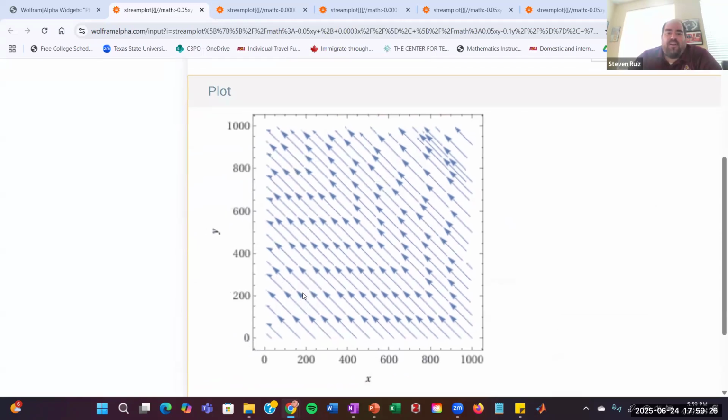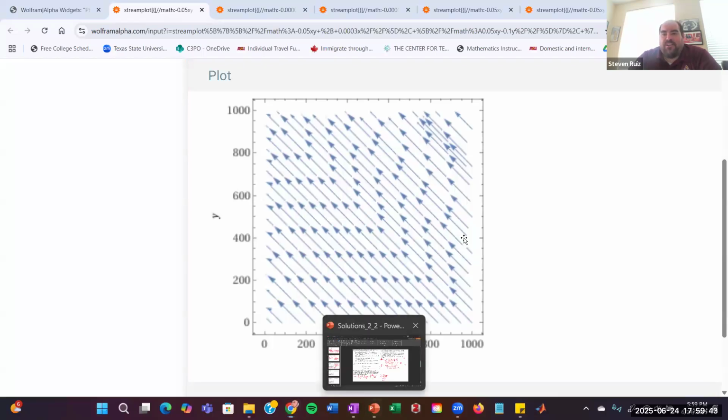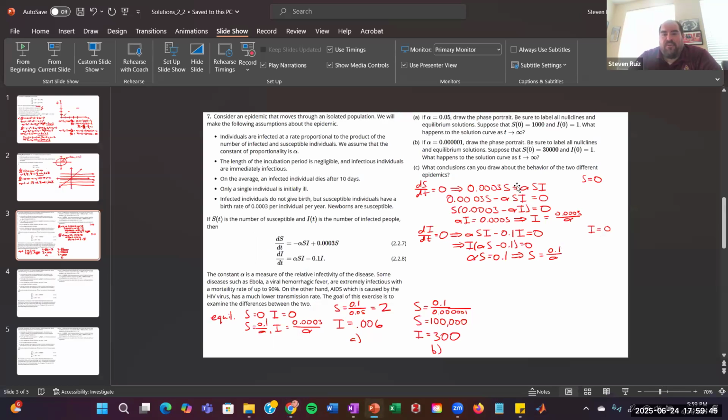But in this case, the number of infected people is universally increasing in this plot, whereas for the lesser value of alpha, the number of infected people was decreasing. So again, the bad news is that without intervention, both populations are going to go to zero in both of these cases, but the time it takes to do that is going to be very different.